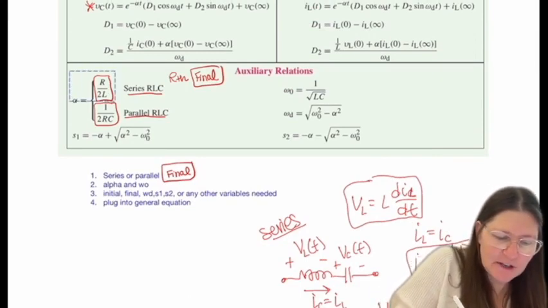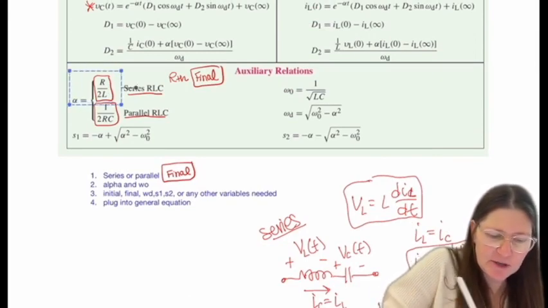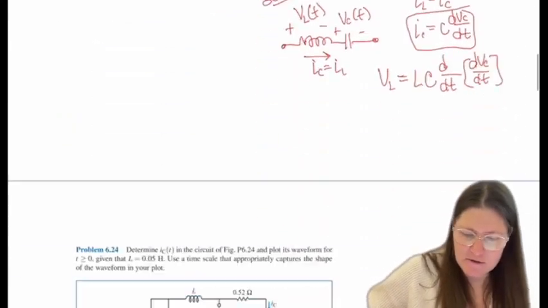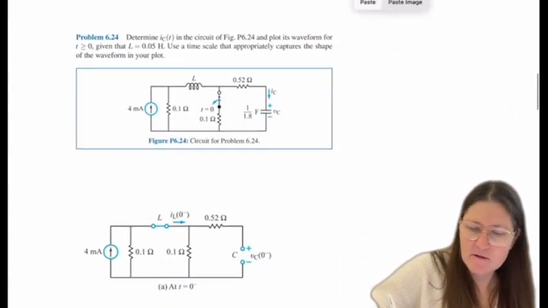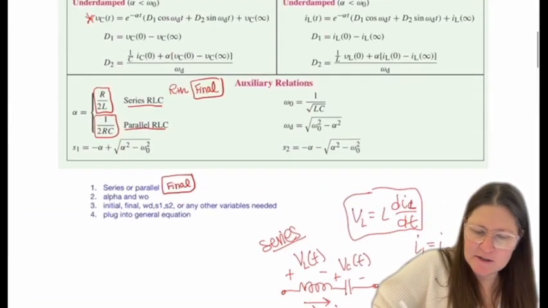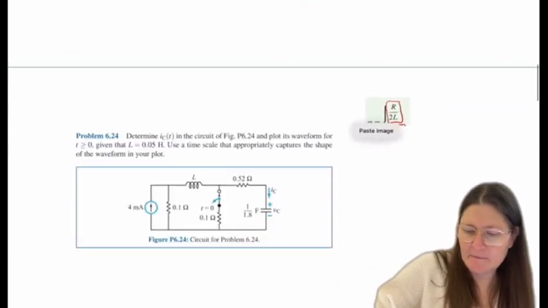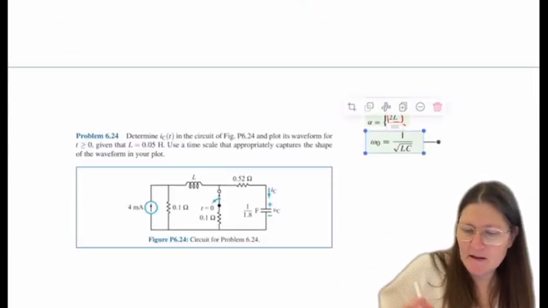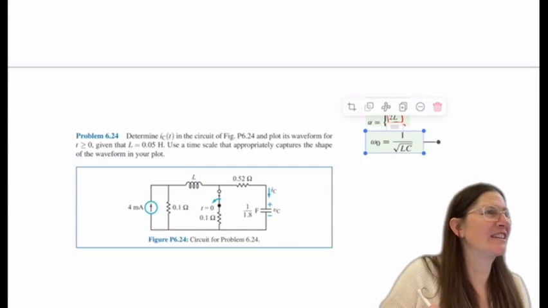Okay, so alpha for series is going to be this equation, and then omega naught is going to be this one.